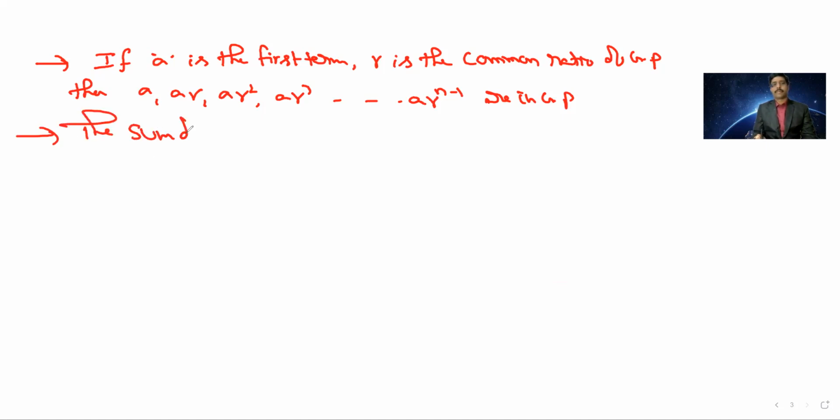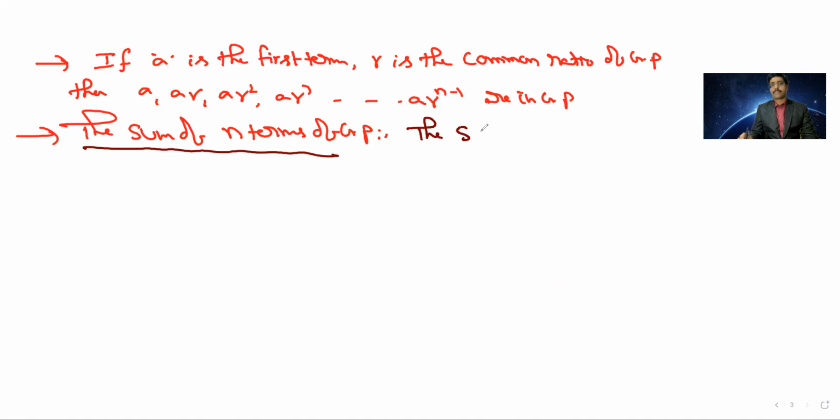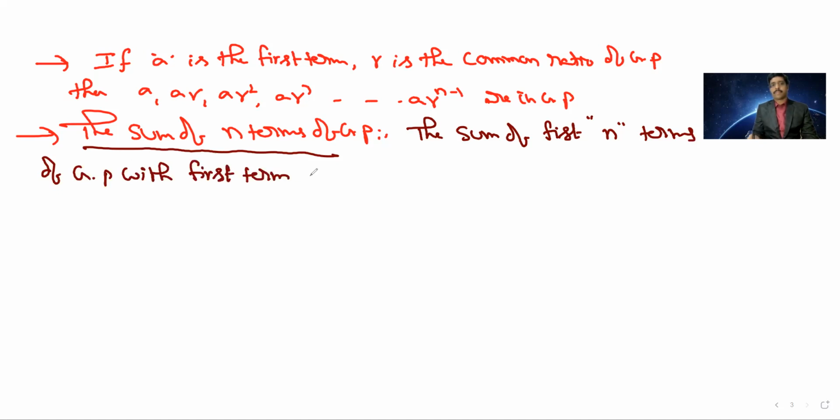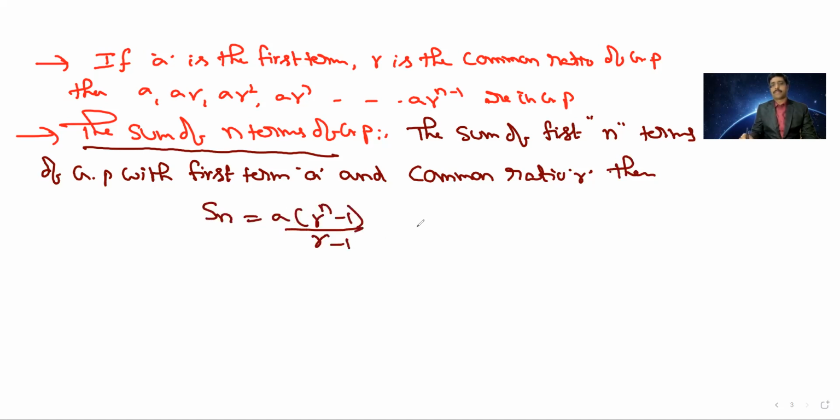The sum of the first n terms of GP with first term A and common ratio R is Sn equal to A into R power n minus 1 by R minus 1, where modulus R is greater than 1.